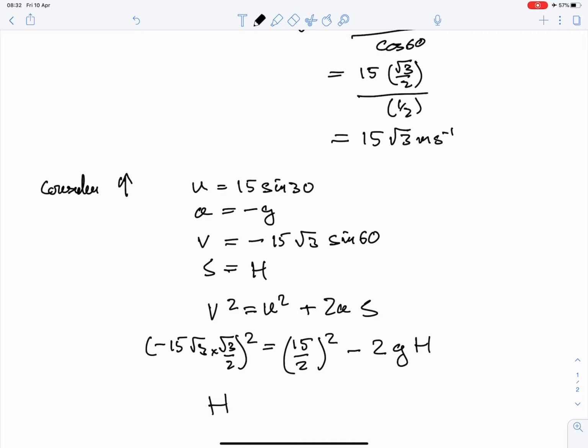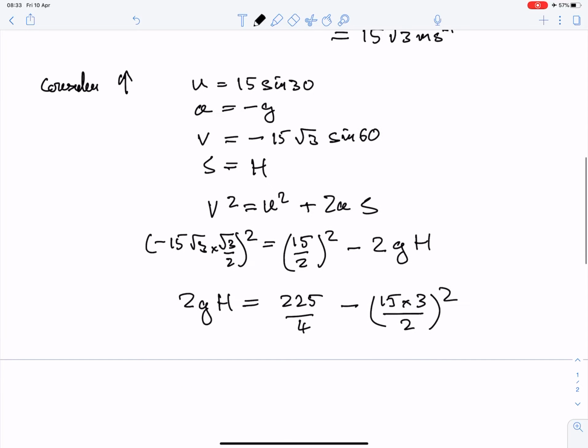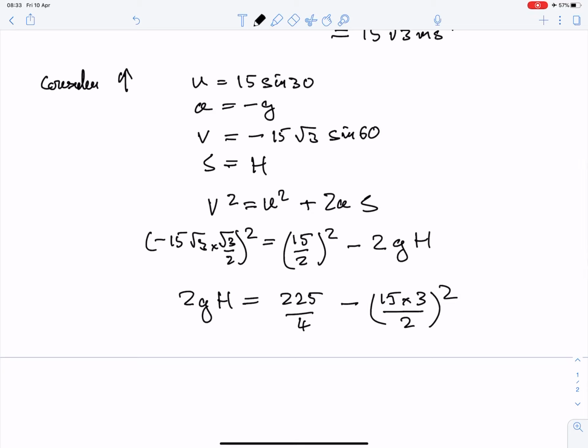So h, 2gh, let's write it in the order I've said it. 2gh, adding that across, is equal to 225 over 4, that's 15 over 2 squared, minus 15 times 3 over 2 squared, which is equal to 225 over 4 minus 9 times 225 over 4, squaring that out.